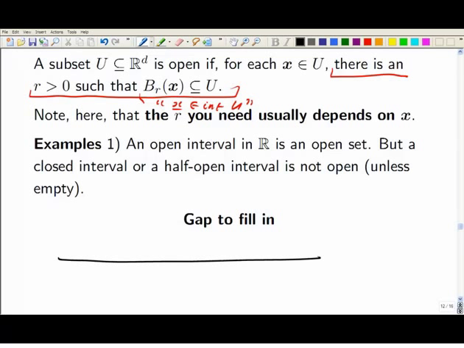So if you take an open interval in the real line, say going from A to B, well, we've already looked at examples of this. It's clear from the diagram that every point of this open interval is an interior point. The non-interior points would have to be at the ends of the interval, but they're not in the set.